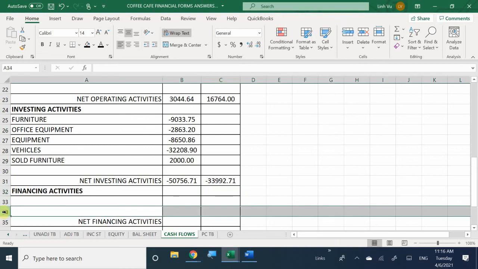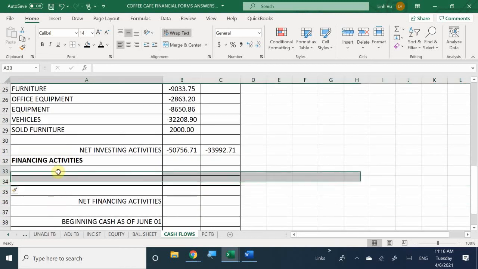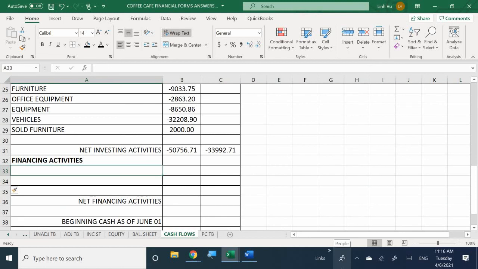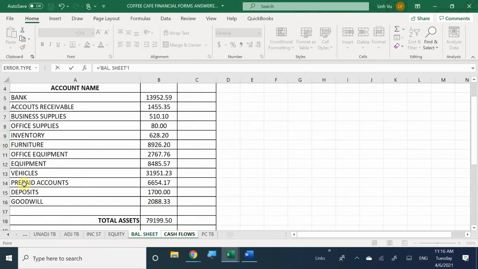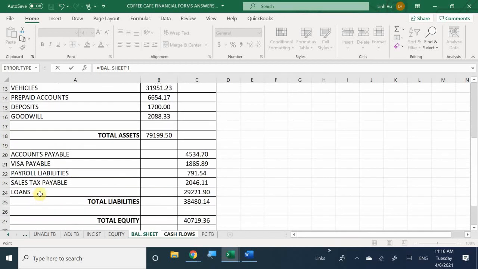Okay, so now I am going to insert another line here, and now I'm going to calculate all of my financing activities. So first things first, my financing activity is going to reflect any long-term liabilities. So in this case, I had a loan.